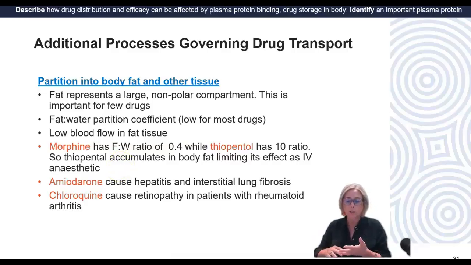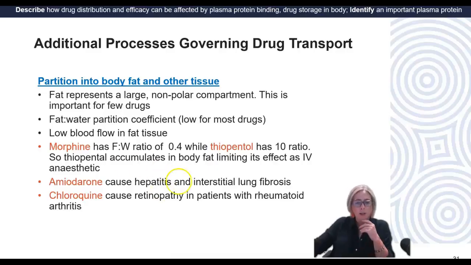You also want to consider fat tissue in terms of doses of drugs. So considering doses in males versus females, where females have a higher percentage of adipose tissue. Also with age, we tend to gain more fat content.